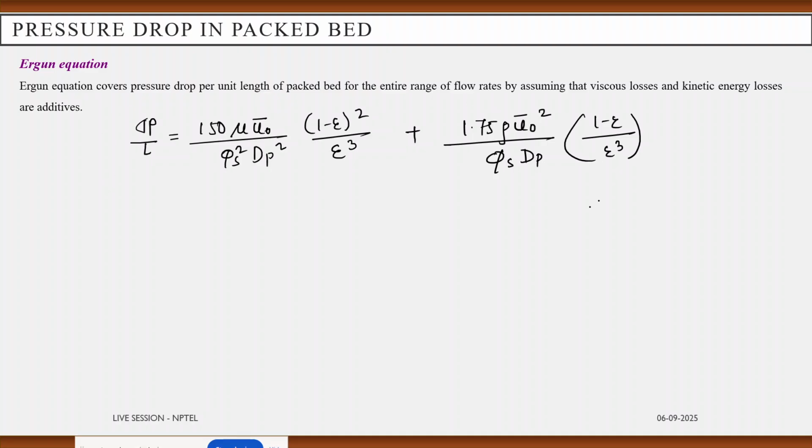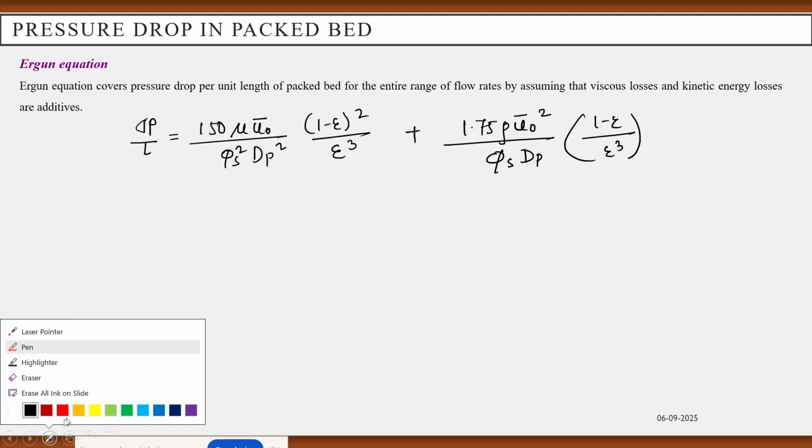So this whole equation is known as the Ergun equation.